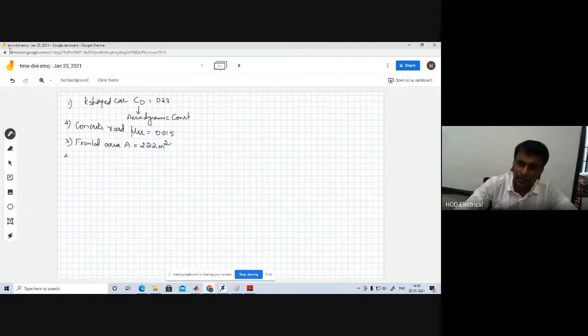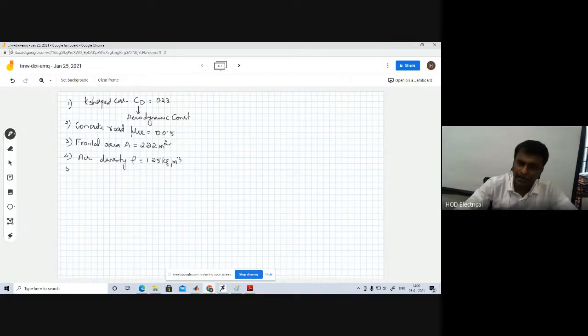Then we already know the typical value of air density, rho, equal to 1.25 kilogram per meter cube.